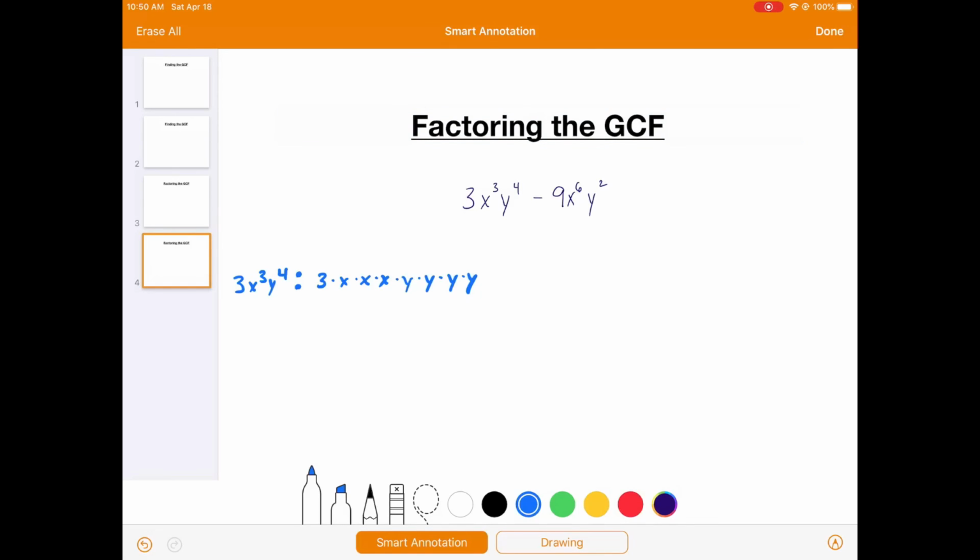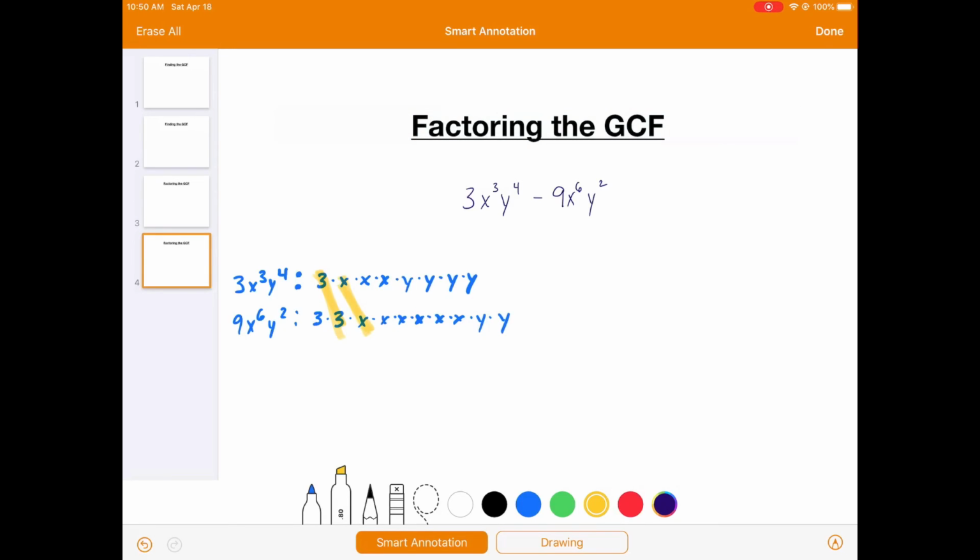And then 9 is a product of 3 times 3. So 9x to the 6y squared is going to be 3 times 3 times 6 x's, 2, 3, 4, 5, 6, and 2 y's. And then we just need to find our greatest common factor. So we have a 3 in both of them.